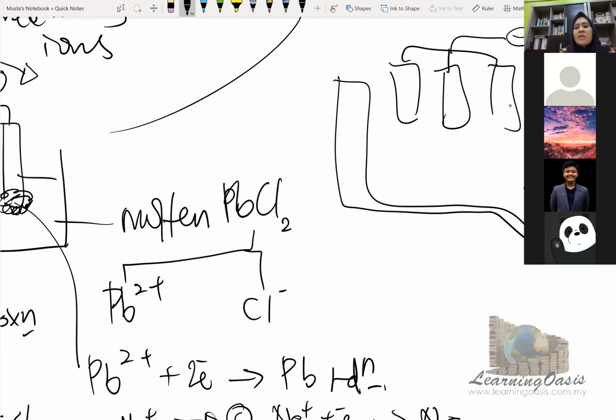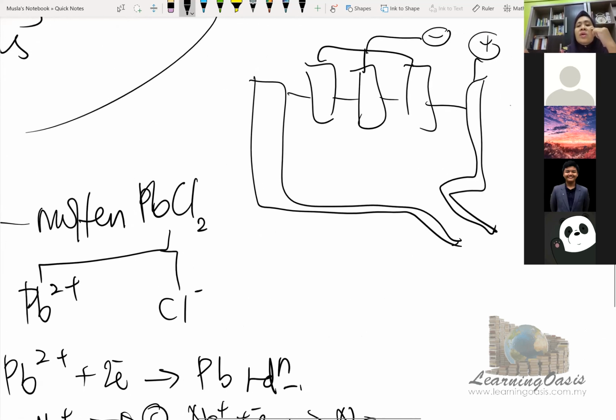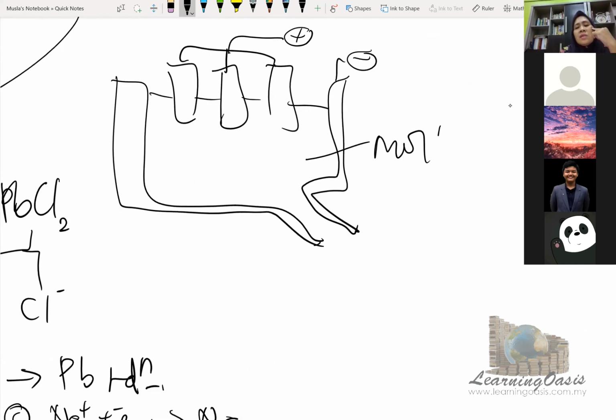Right. What happened in the electrolysis of oxide? What goes to your anode? What goes to your cathode? Remember, this is molten aluminium oxide in cryolite.